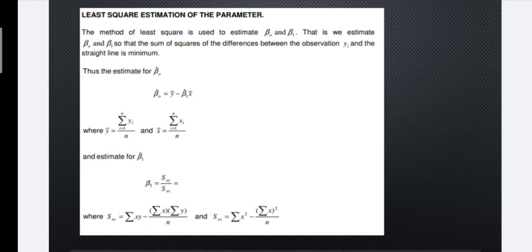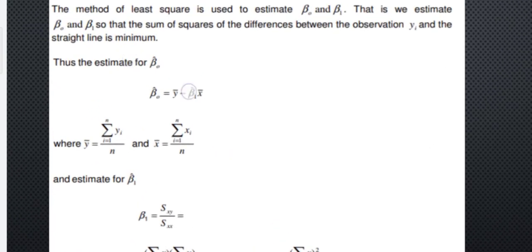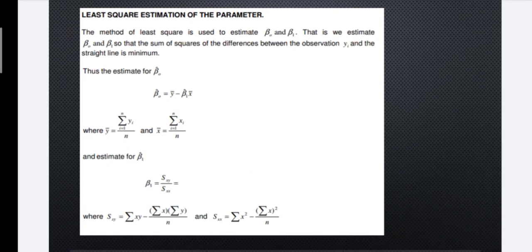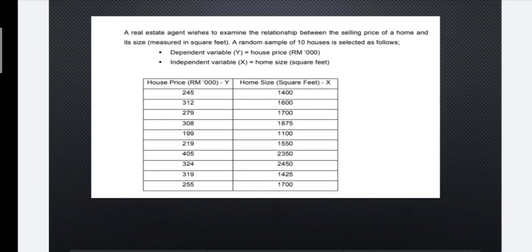Once we have the value of beta 1, replace beta 1 in this formula untuk dapatkan beta naught. Okay. So y bar adalah mean untuk y, x bar adalah mean untuk x. So lastly you akan dapat equation. It will be y hat equal to beta naught hat plus beta 1 hat x. That is your regression equation. Okay.